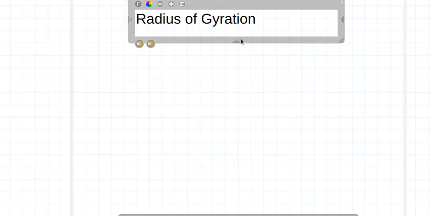Because I am talking about rotational motion, every particle is moving with the same angular velocity with which that object is moving.